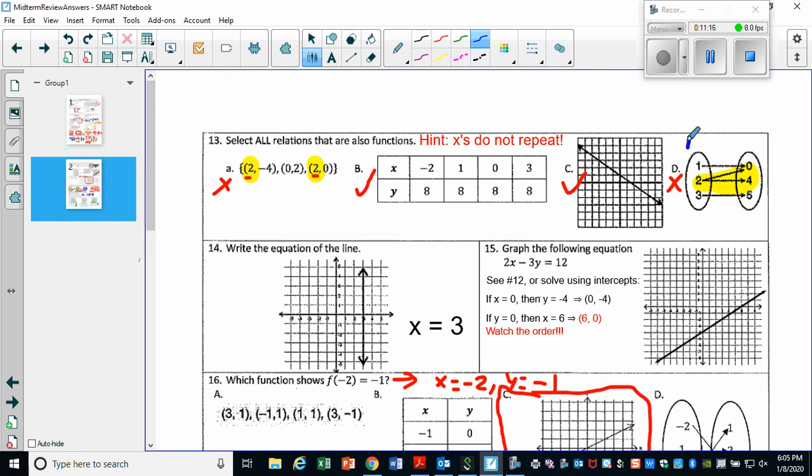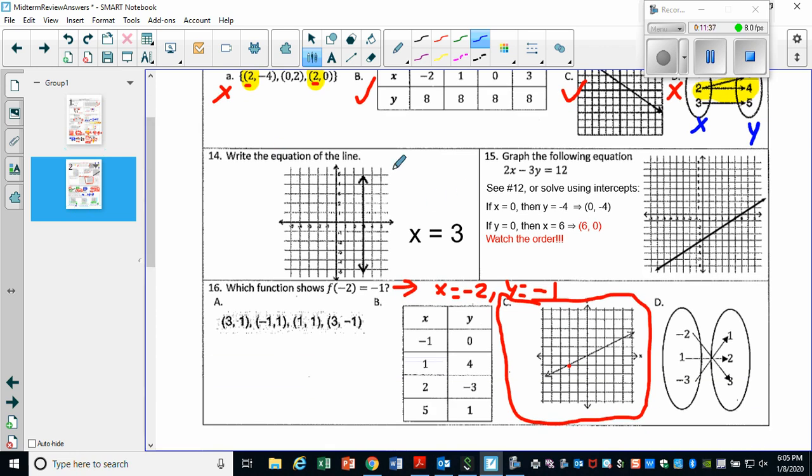So this was your domain. These are your x's, y's. So I put capital D, capital R for range. And I put lowercase x for your x coordinates, lowercase y coordinates.